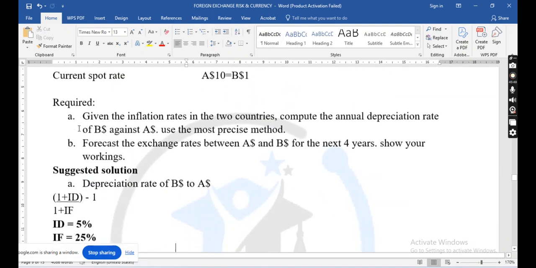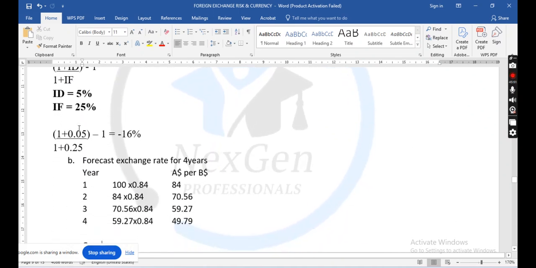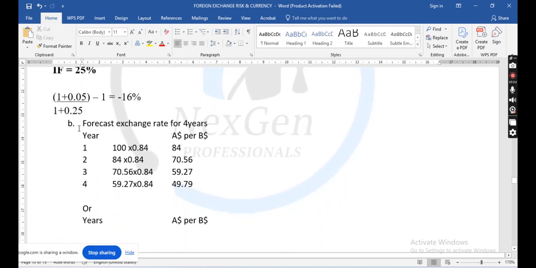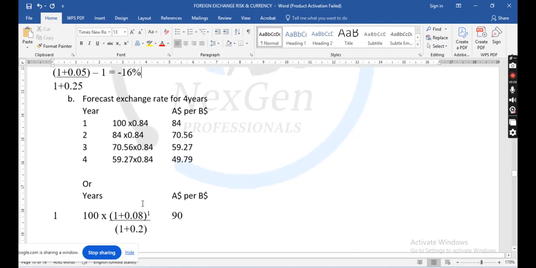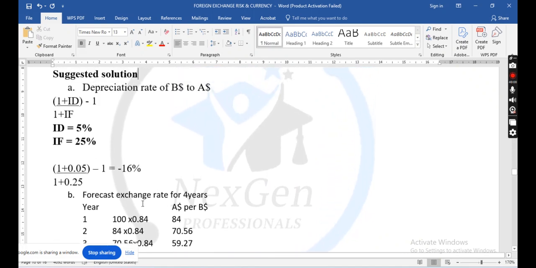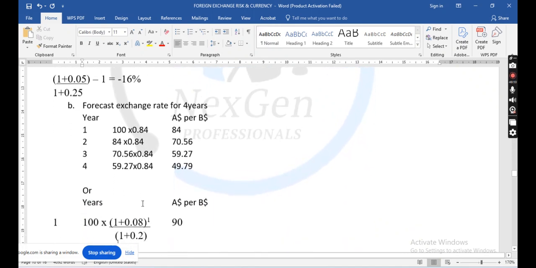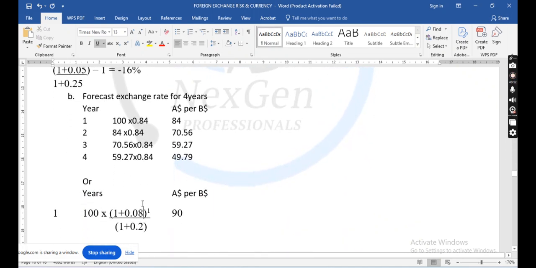If you use this method, you will see that you will still have the same answer, right? You have the same figure. So this is 100, all right? So what is the domestic? Okay, I need to change this. This is 1.5.